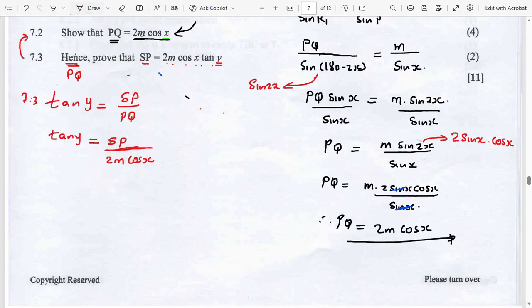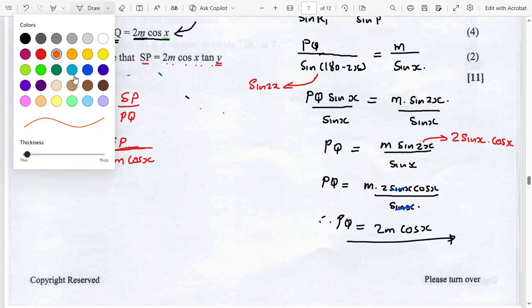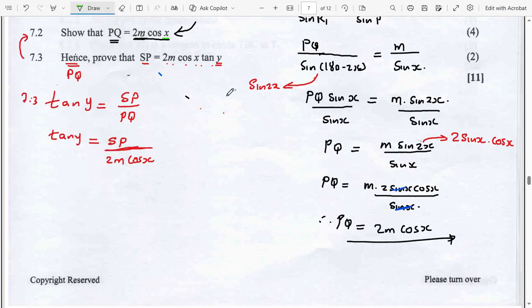Multiply both sides by that 2m cos x to isolate the SP. So these two cancel on this side. This leaves me with SP equals 2m cos x tan y.